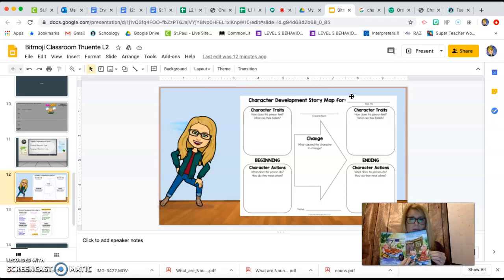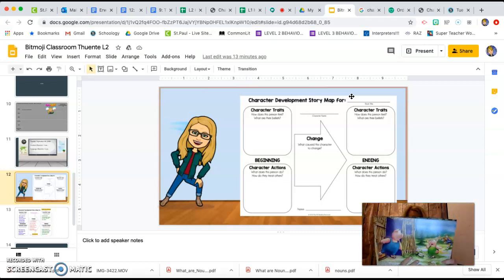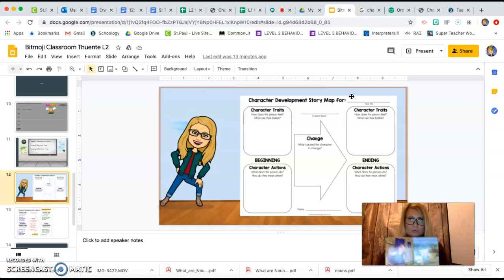So when we think about the brothers and we think about who changes the most, we probably should choose either the brother who made his house out of straw, or the brother who made his house out of sticks, because those two brothers are the brothers who learn the important lesson and have an important change.